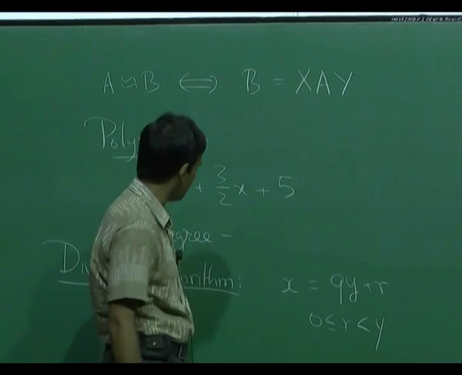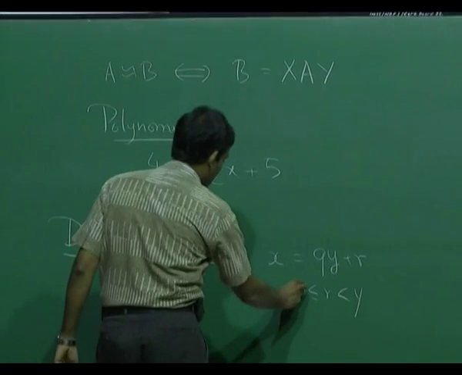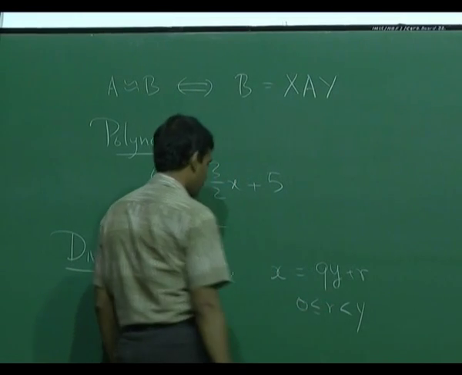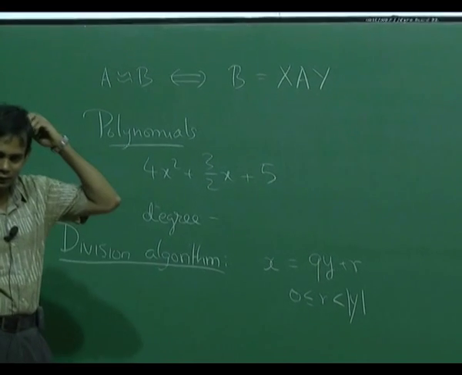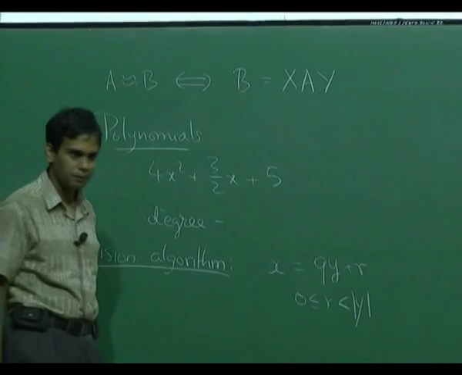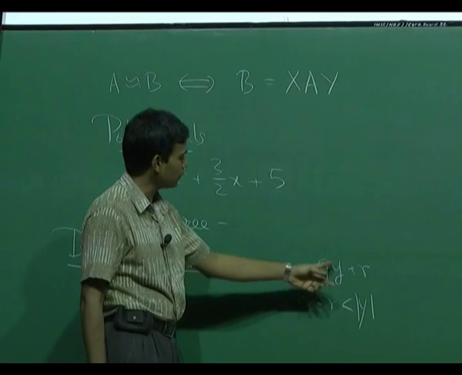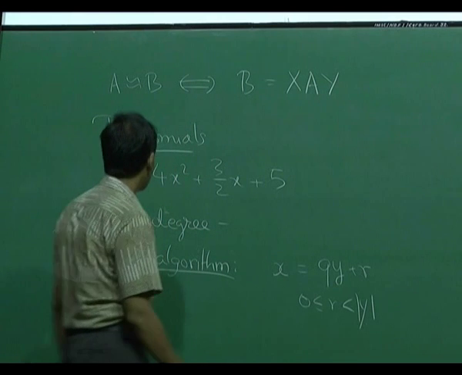Okay, so this is something we all know, the division algorithm. And here maybe we should say absolute value of y. If y is negative, it still works: you could just do it with the positive y and then put a minus in front of it, and it has more or less the same effect.